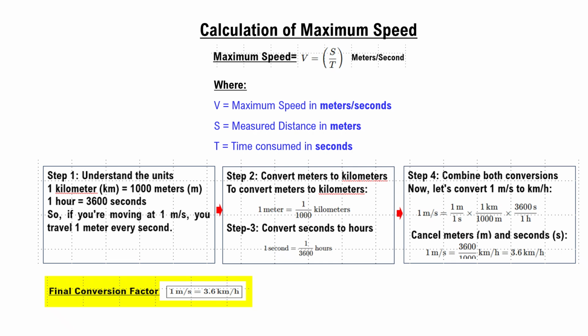By cancelling meter to meter, second to second, we get 1 meter per second is equal to 3600 divided by 1000 kilometers per hour, that is equal to 3.6 kilometers per hour. Therefore, the final conversion factor is 1 meter per second is equal to 3.6 kilometers per hour.